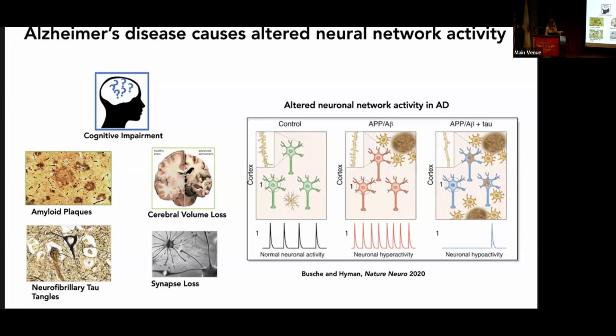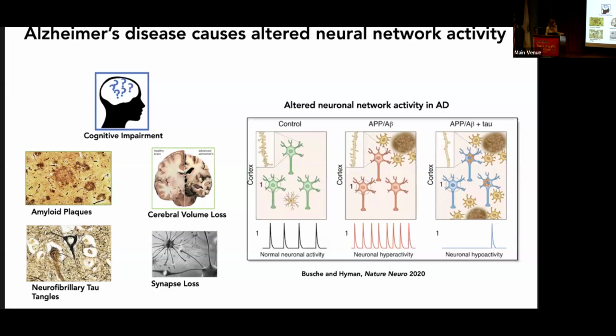But Alzheimer's disease also has a huge impact on neural network activity. It has been shown that in the early stage of the disease, when amyloid accumulation starts to appear, there is neuronal network hyperactivity, so increased firing of these neurons.